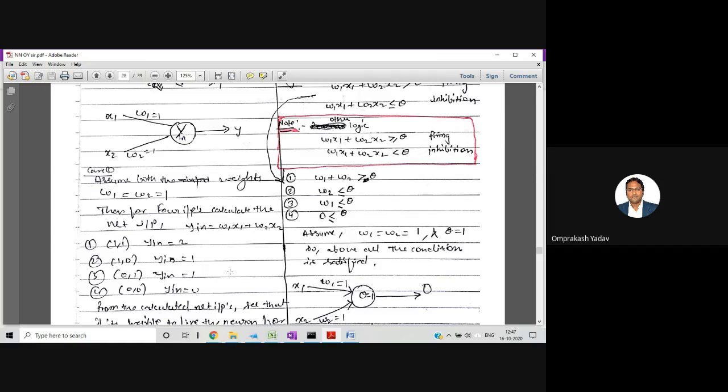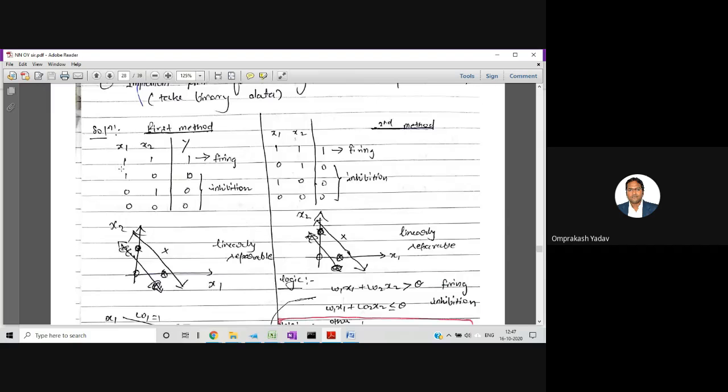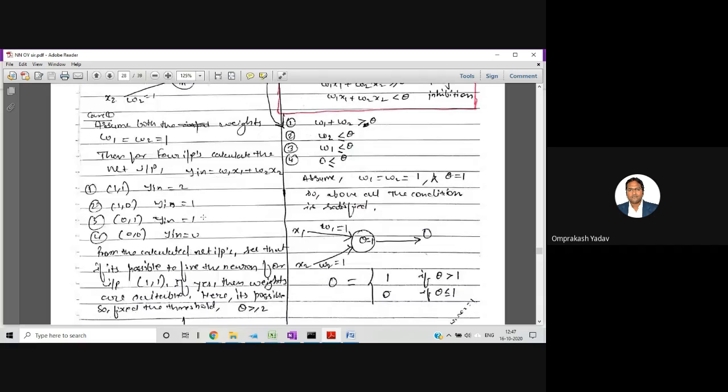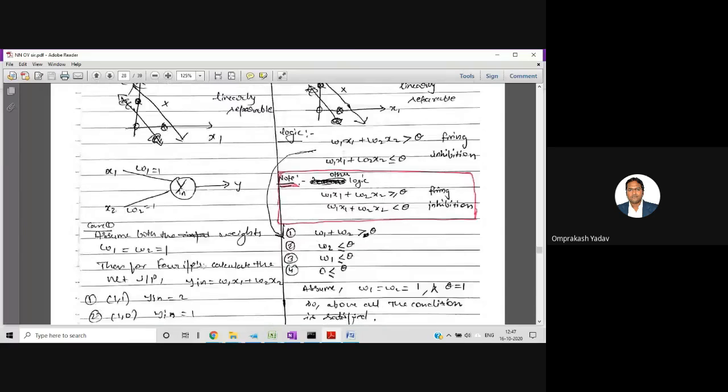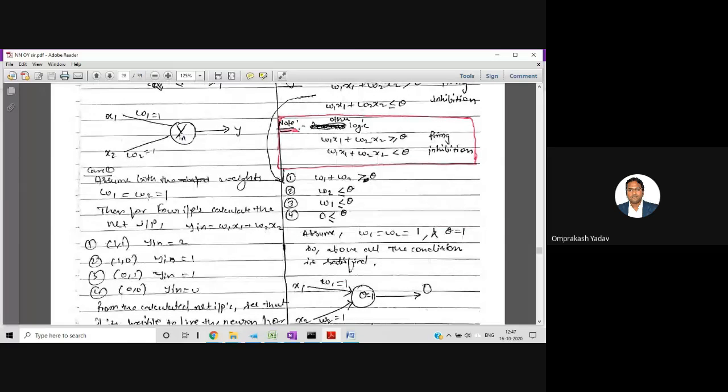If we take these two threshold conditions, we can easily separate out the first condition, that is the excitatory condition according to our table, from the rest of the conditions, which are for inhibition. That means the weights we assumed above were right.